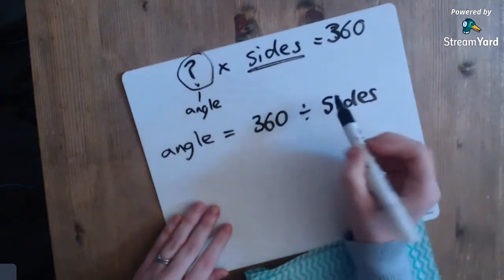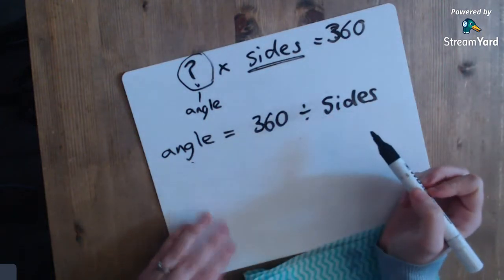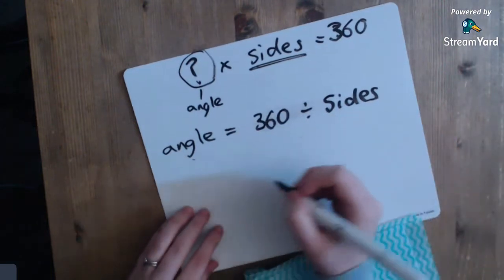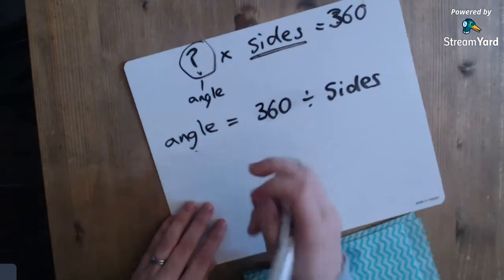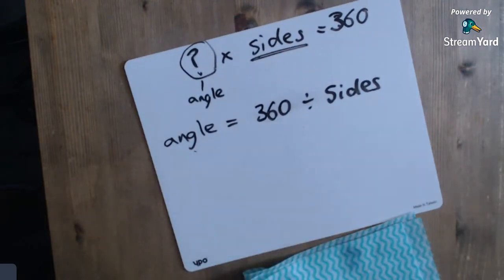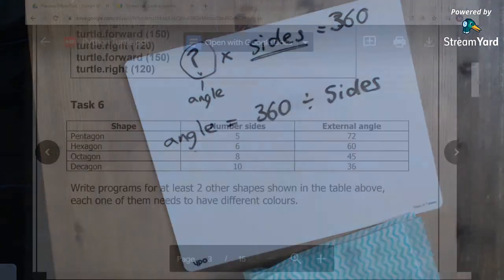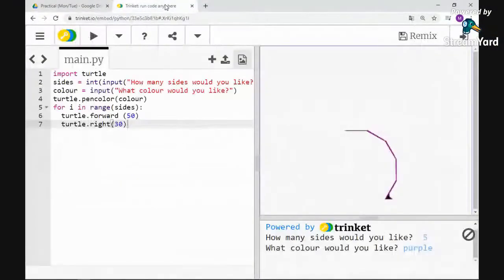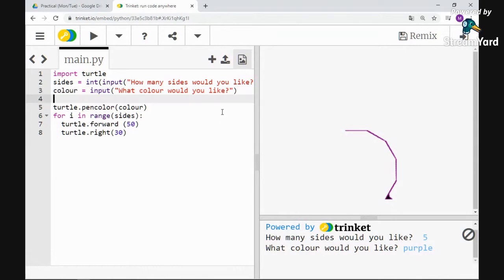So angle equals 360 divided by sides, that is how we can calculate it. So in Python, we can write in angle equals 360 divided by, in Python we need to use the / sign, sides.